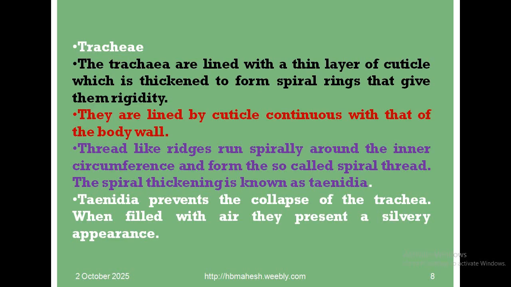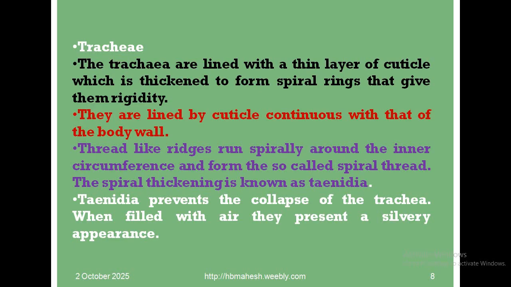See, the trachea are lined with a thin layer of cuticle which is thickened to form spiracle rings that give them rigidity. And these tracheoles are lined by cuticle continuous with that of the body wall. See, as I told you in the beginning, this respiratory system, tracheal system, has its origin in the cuticle, so it is continuous with that of the body wall.